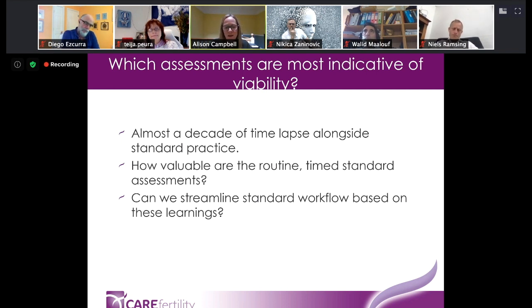We're still looking for the best in our time-lapse system, but also in our standard practice, and to take those lessons from the time-lapse learnings and put them into our standard practice. And quite recently, we've been questioning how valuable these routine, timed, standard snapshot assessments are for our standard incubation patients, and whether we can streamline standard workflow based on the learnings from time-lapse.